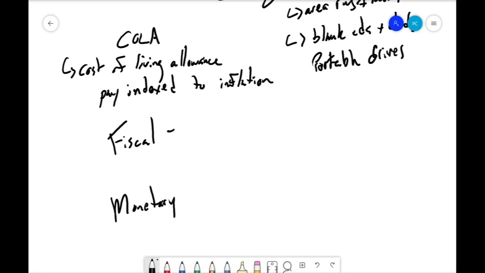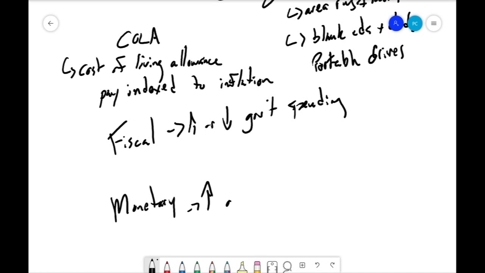So, this is an increase or decrease of government spending, and this is an increase or decrease of what's called the overnight rate. I'll come back to those things in a second.